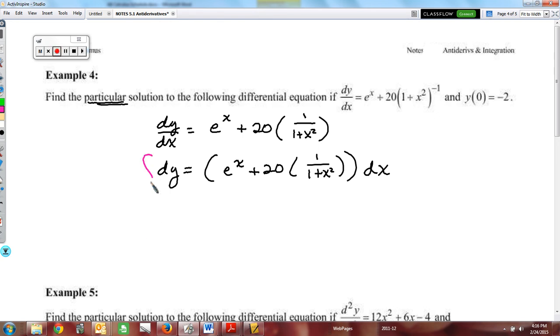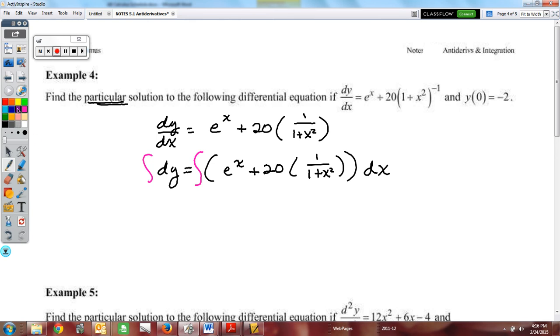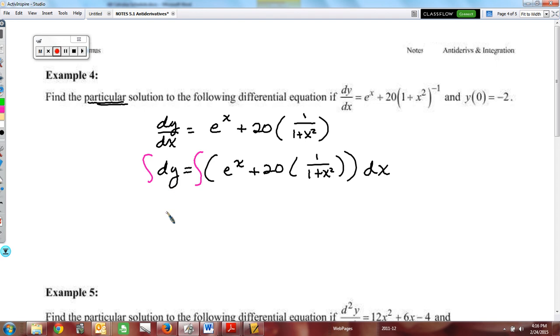A lot of times we simply add our integration symbol right there. It's perfectly fine. It saves you a little bit of writing. The antiderivative of dy is always y. And the antiderivative of e to the x, nice one, is e to the x. Bring our constant down. The antiderivative of 1 over 1 plus x squared is inverse tangent of x.